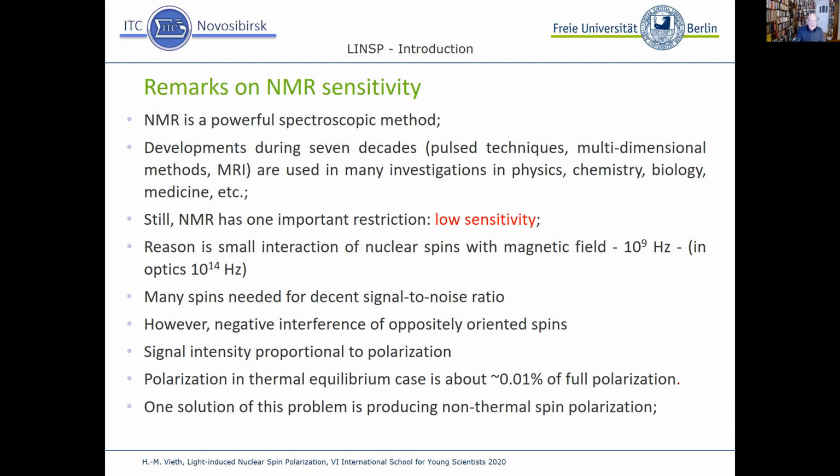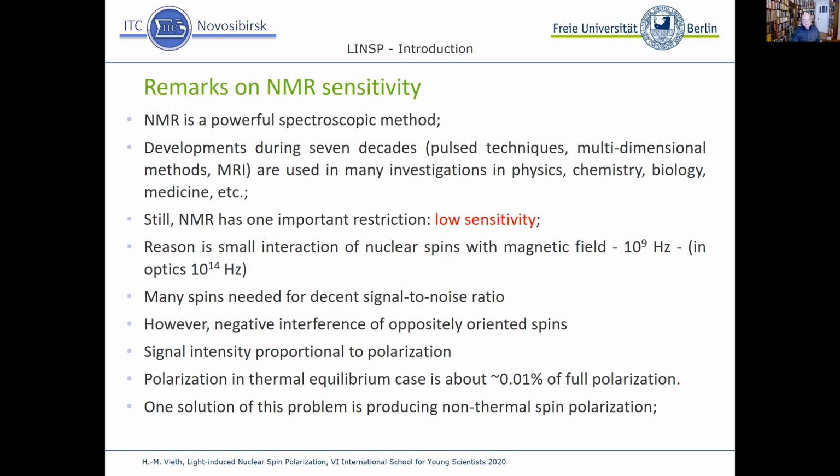But even with all the new techniques and methods, NMR still has one problem, or three problems, as I was told: low sensitivity, low sensitivity, and low sensitivity.